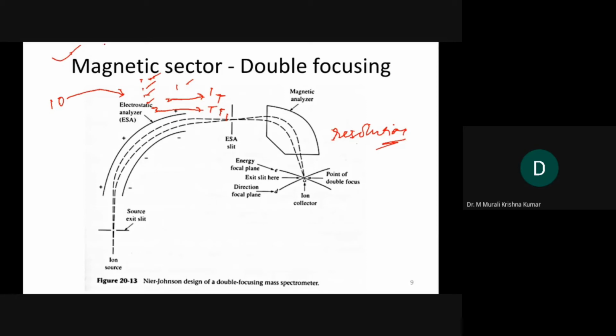So friends, this is how the magnetic sector mass analyzer helps us in separation of ions, so that we can get the molecular weights or m by z values for a given sample. It has a decent range, up to 15 kD, but the scan speed is very slow. That's the reason why we cannot easily integrate this one with the HPLC. That's the only issue.